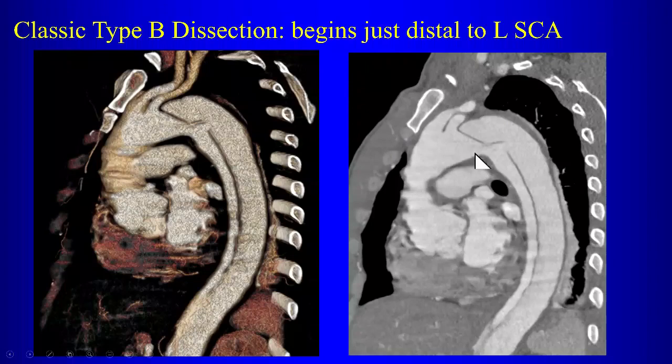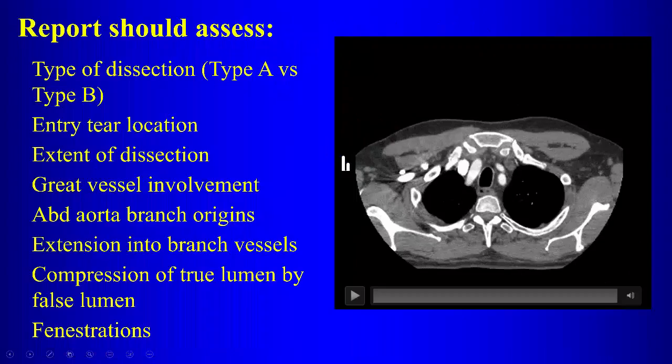The entry tear is usually somewhere in the descending thoracic aorta, and the dissection propagates forward down as far as it tends to go, but it also propagates retrograde, and that retrograde propagation seems to stop in many cases right at the origin of the left subclavian artery. So the entry tear causes the dissection and then propagates in both directions, and with the classic type B, it stops right there at the origin of the left subclavian artery.